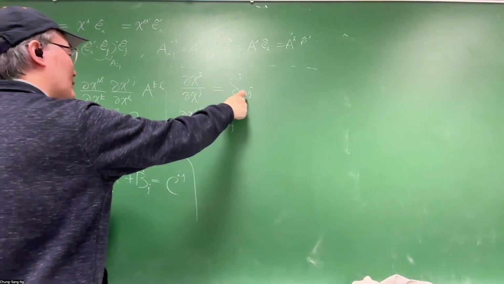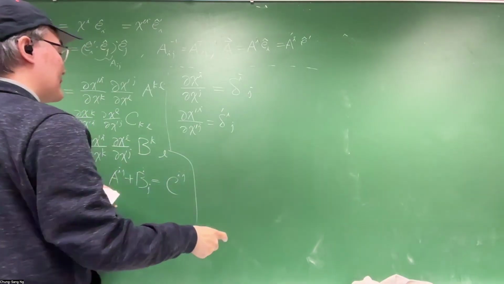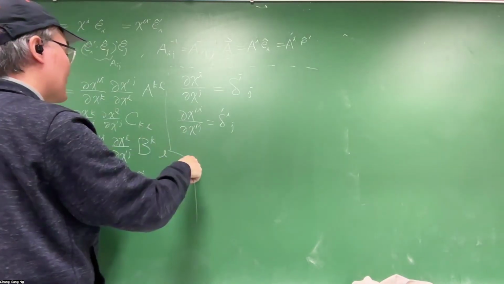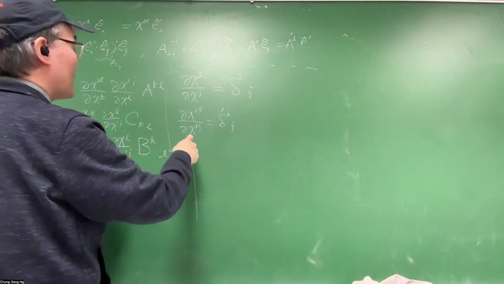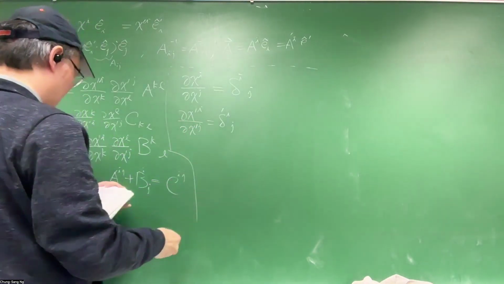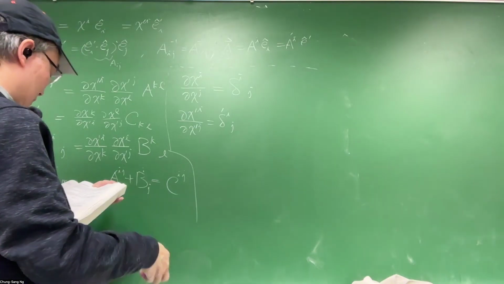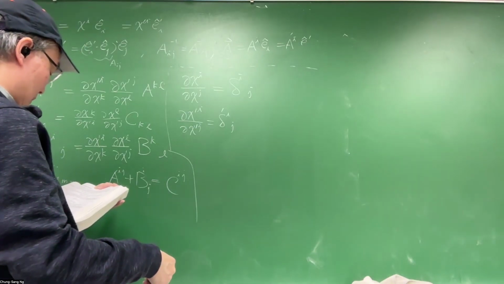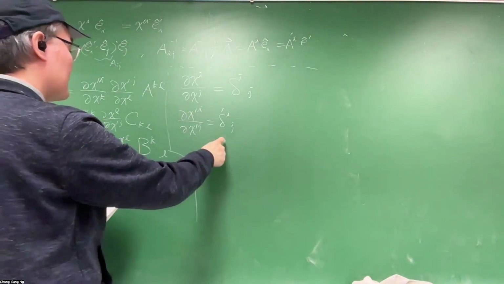How does it transform from the old one to the new one? Then what we can do is use the chain rule.